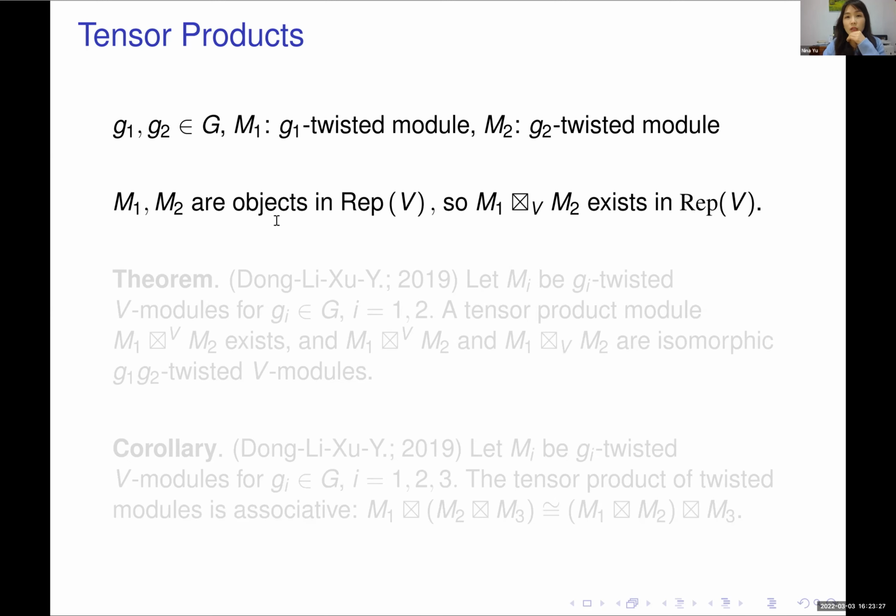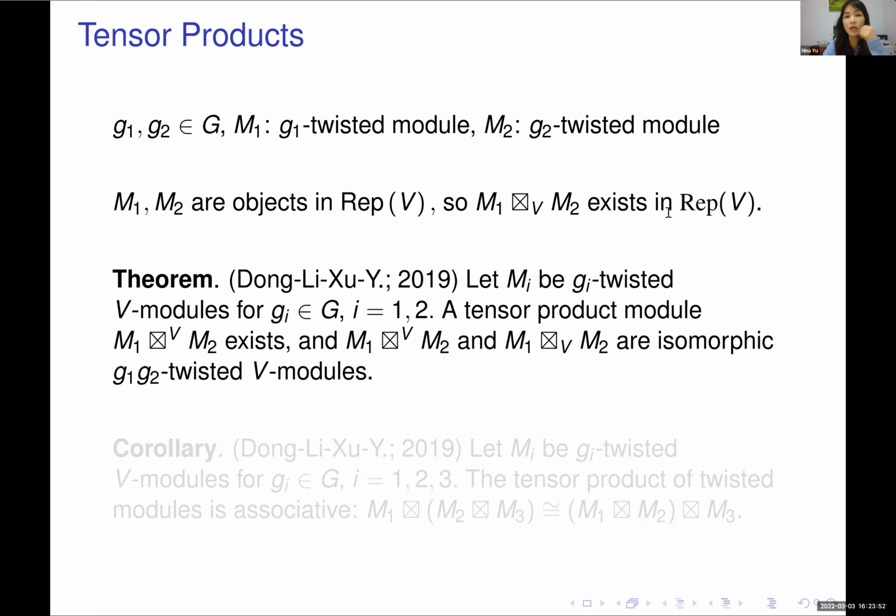But actually later we prove that if you consider a g1-twisting module M1 and a g2-twisting module M2, those twisting modules actually are objects in Rep V. And you know that in Rep V, the fusion products exist and are associative.